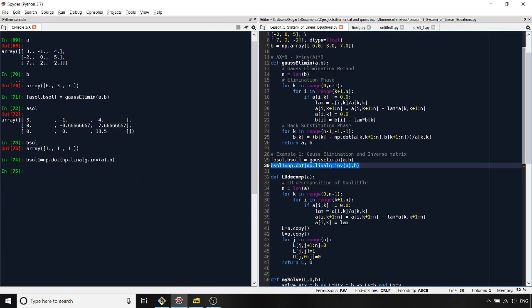However, there will be an issue. Show B solve. B solve will be already the solution. The solution is different. Why do we put the same thing and expect the same value, 1, 1, 1, but get a different value?